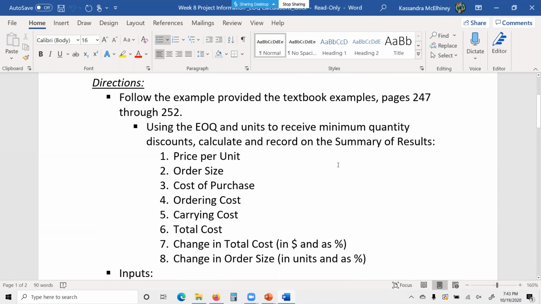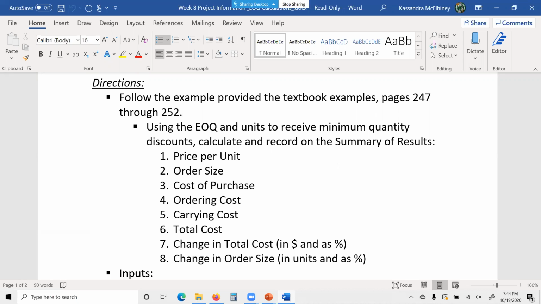So we have these items here. The price per unit, order size. Order size is going to have to be calculated for under 800 units. That's going to be our economic order quantity. Actually, that'd be order size.